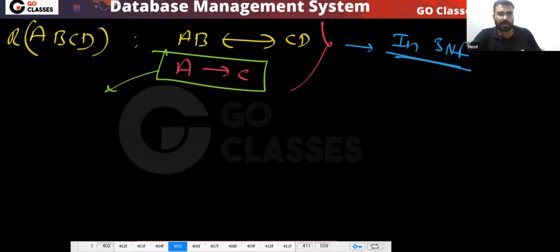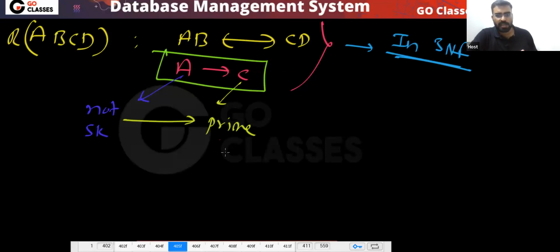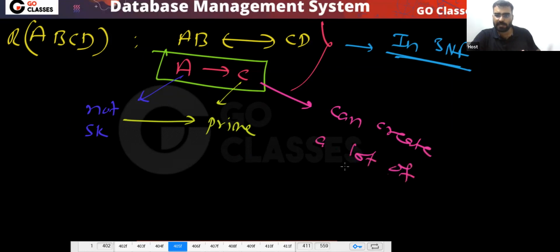This is not a super key, and this is a prime. Not super key generates prime. So this can create a lot of redundancy.